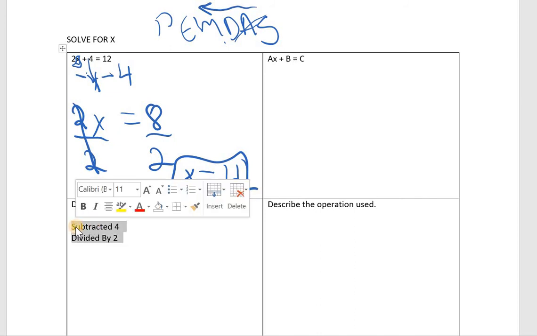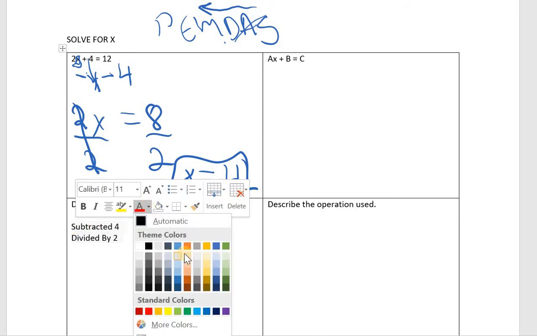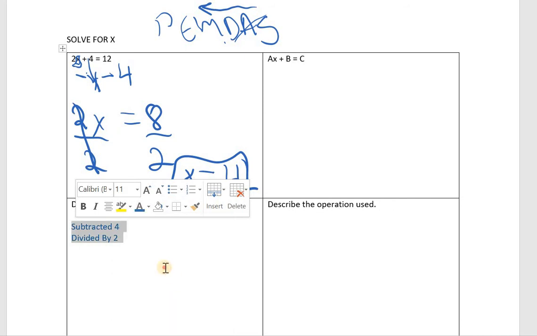I can change the color this way. We'll make it nice blue.